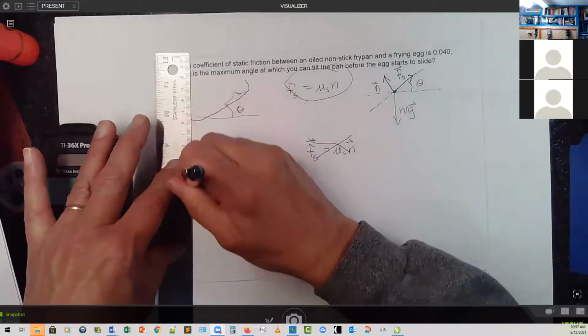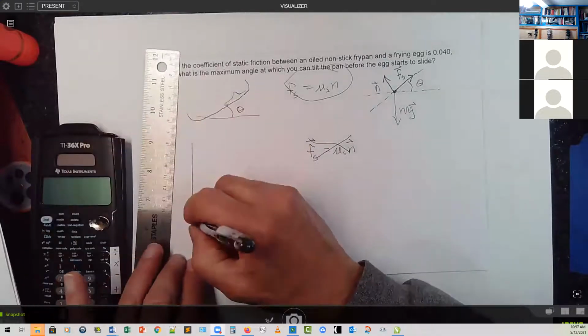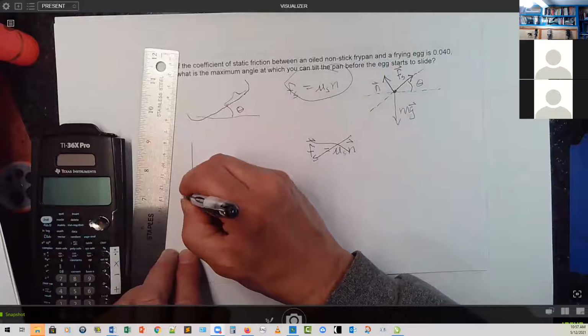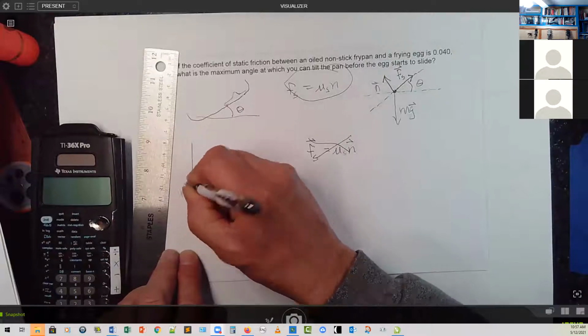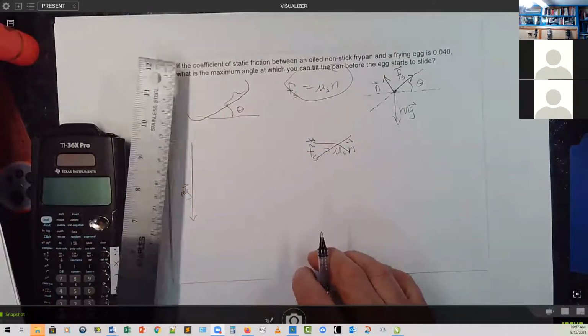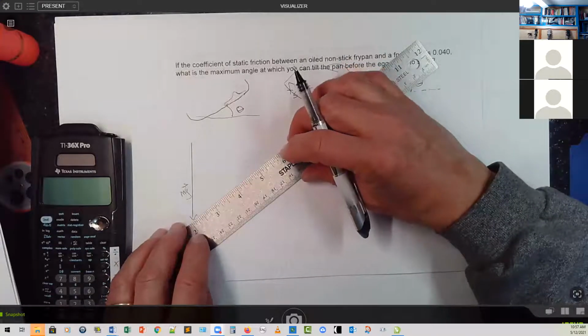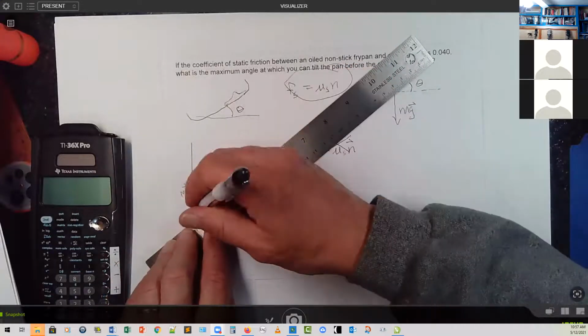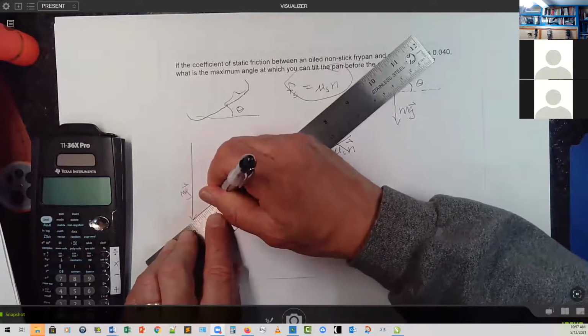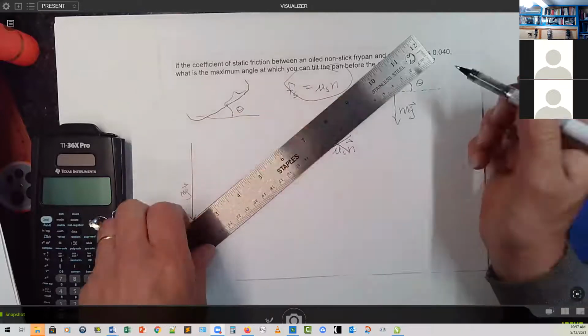And so there's the mg part. I have that. The F sub s makes an angle with that. And here I have to be a little bit careful about how I do my diagram.